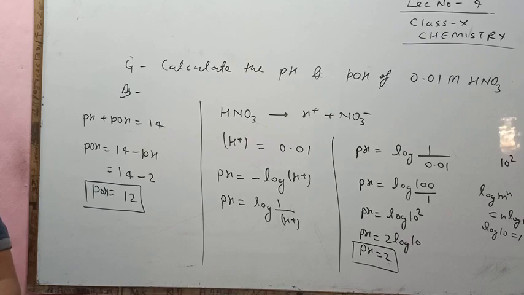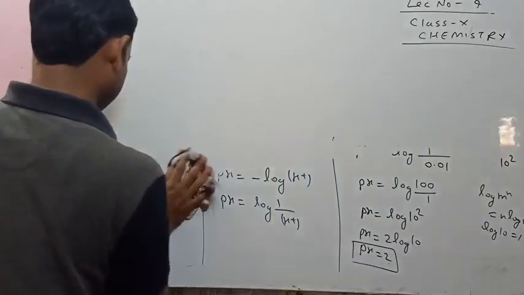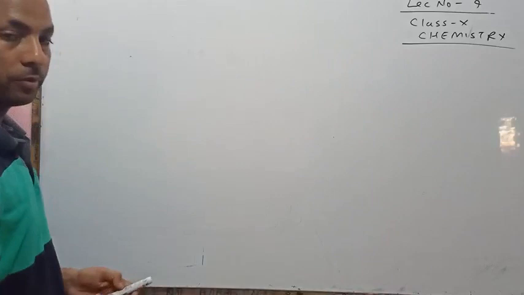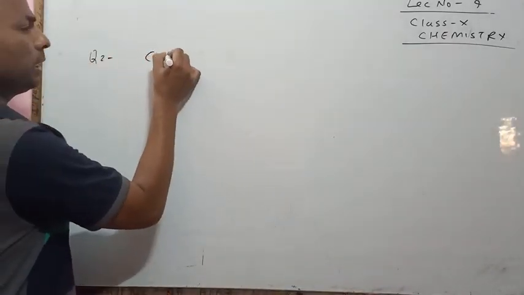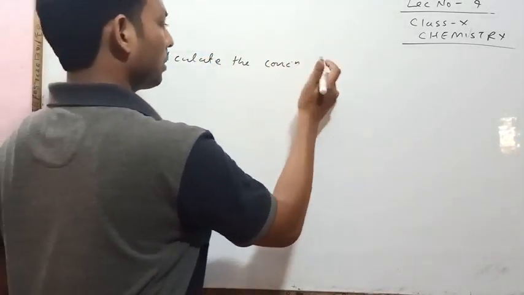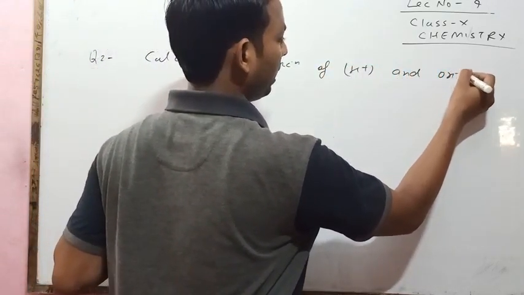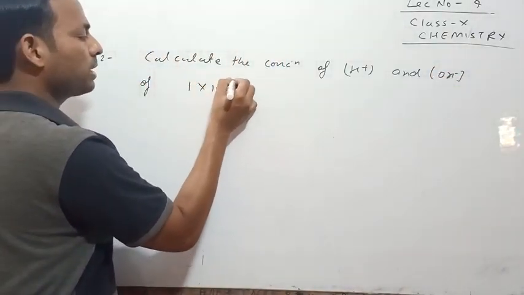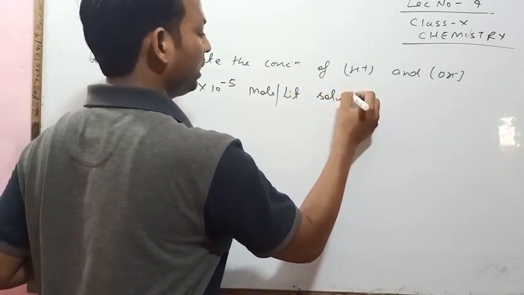Okay, second question. Second question given. Question number 2. Calculate the concentration of H plus ion and hydroxide ion of 1 into 10 to power minus 5 mole per liter solution of acetic acid.